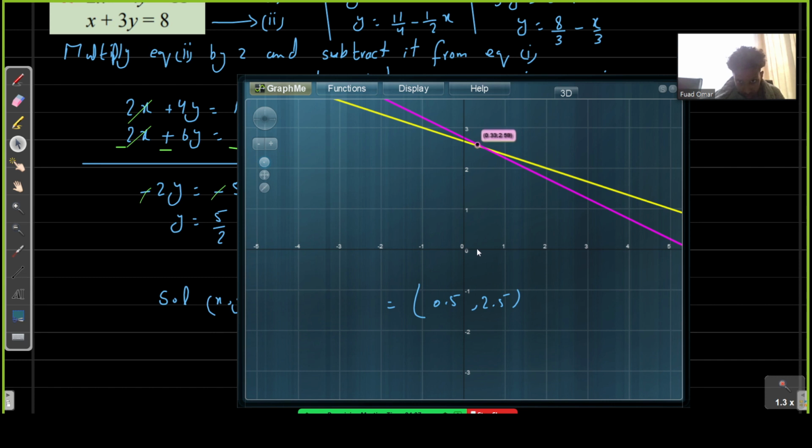Here we have 0.5 on the x-axis, between 0 and 1, and on the y-axis, between 2 and 3, we have 2.5. So we have the same solution, 0.5 and 2.5, and they are intersecting at the same point.